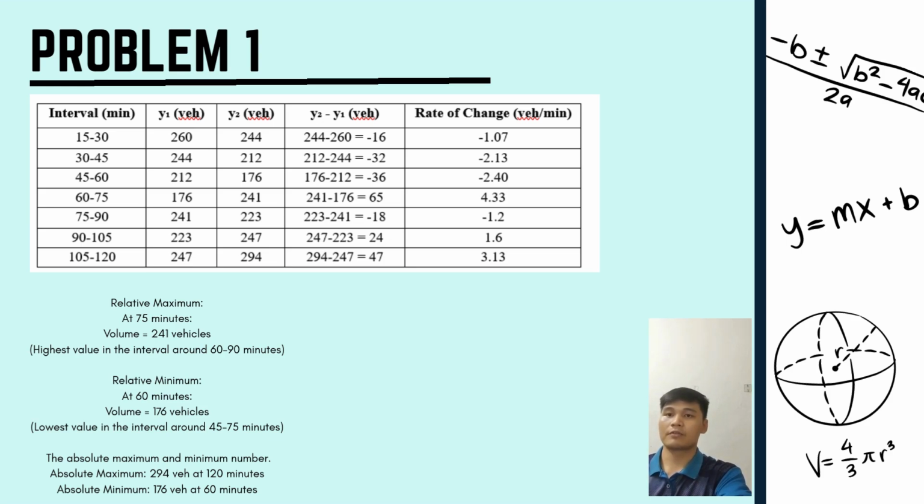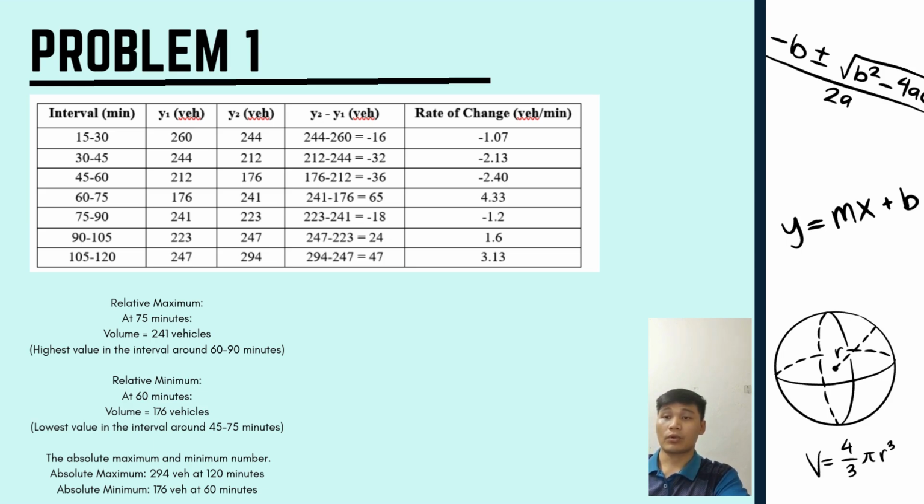Interval, the rate of change. In the first column, we got negative 1.07 rate of change from 15 to 30, while 30 to 45, we got negative 2.13. 45 to 60, we got negative 2.40. And 60 to 75, we got positive 4.33.